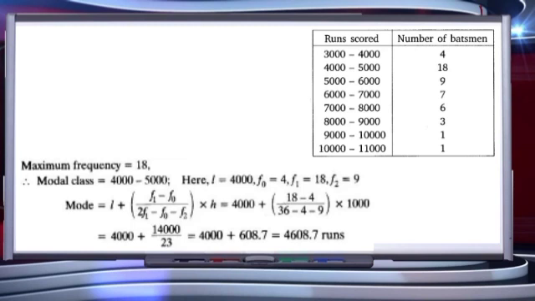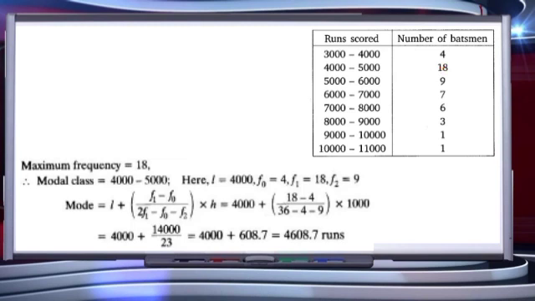Next is the solution for the same. Students, in the given table you can clearly see that the maximum frequency, that is the number of batsmen, lies in the run score 4000 to 5000.